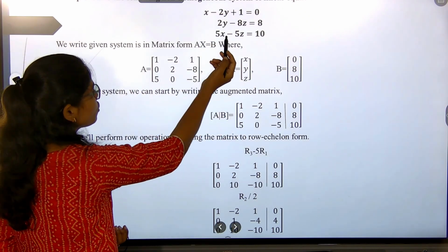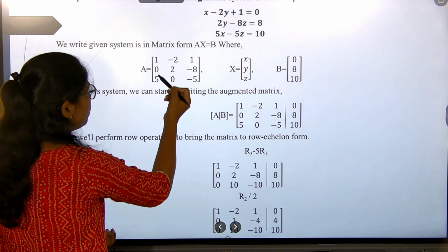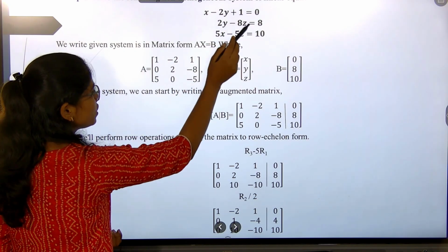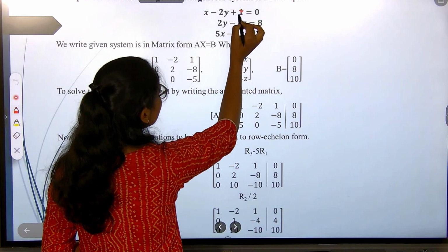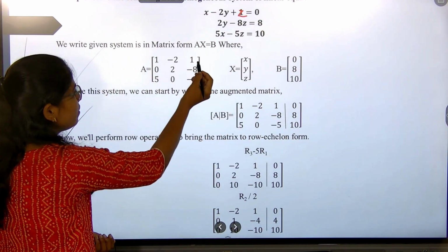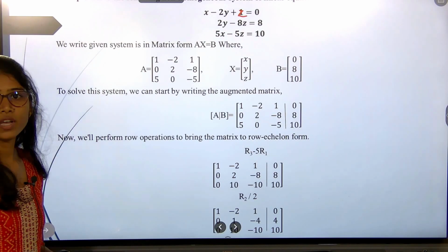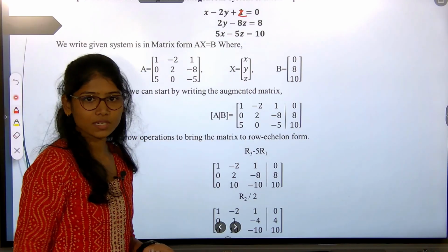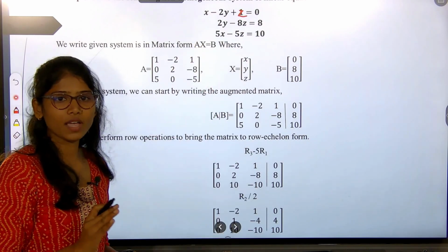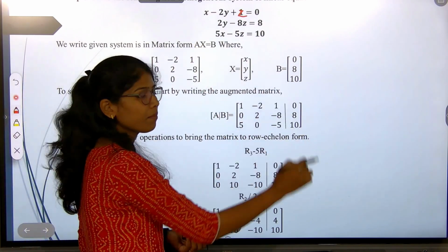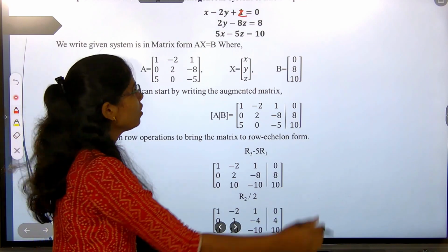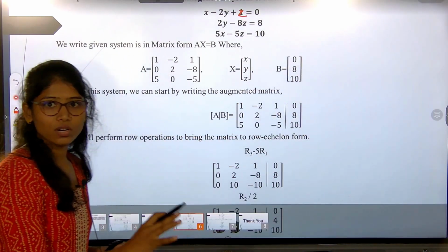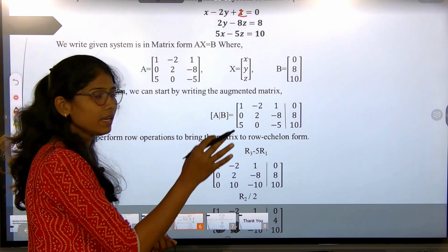So here coefficients of x are 1, 0, 5, coefficients of y are minus 2, 2, 0 and coefficients of z are 1, minus 8, minus 5, and x is the matrix of variables. So here variables are x, y and z, and B is the matrix of constant terms on the right side. So here 0, 8 and 10. This is your matrix A, x and B.